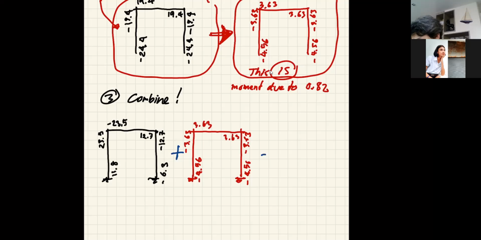And in the end, you're going to get your final answer. 7.2 here, 19.9, minus 19.9, 16.3, minus 16.3, then minus 10.9. So this is your final answer.